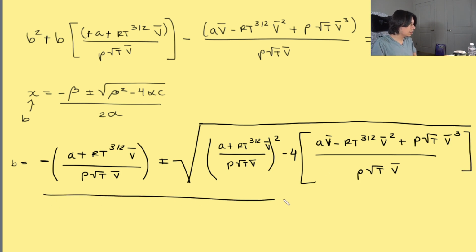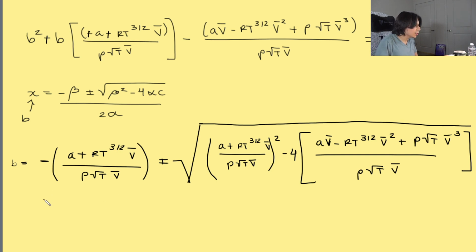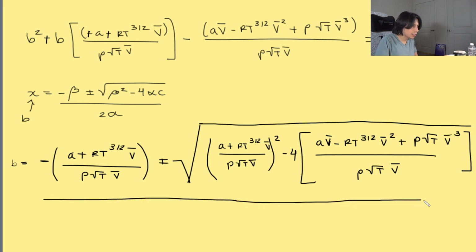And then all over 2a, which is 2 times 1 in this case, and that's just 2. Sorry, I'm trying to draw a straight line, but it seems impossible. Okay, right there, all over 2a, which is 2 times 1. So this would be our answer for b.